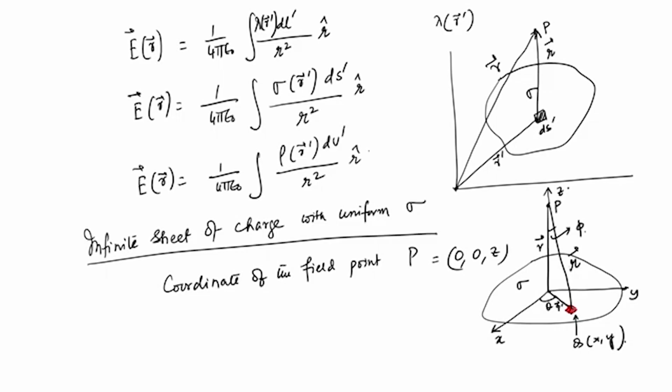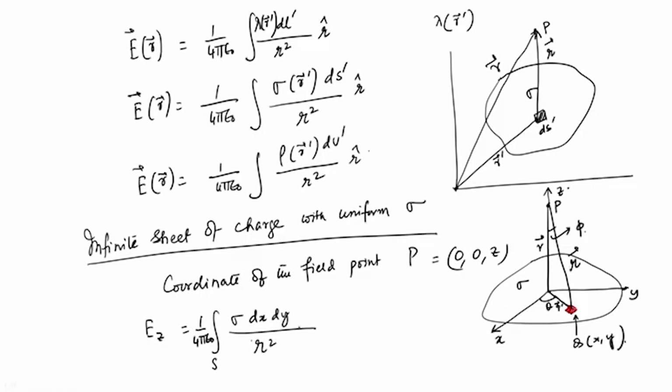So, it is purely on the z axis, and you want to calculate the field on the z axis. E would be purely along the z axis, and this would be equal to an integral over the entire surface S of sigma dx dy, with a 4 pi epsilon 0, which can stay outside if you wish, and there is an r square.